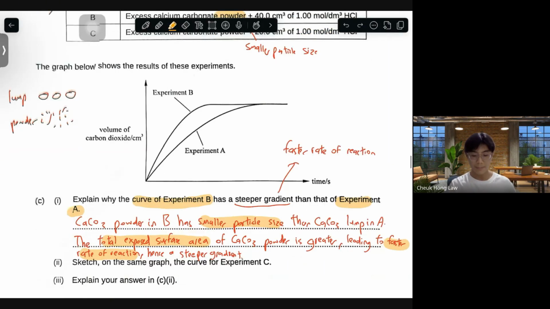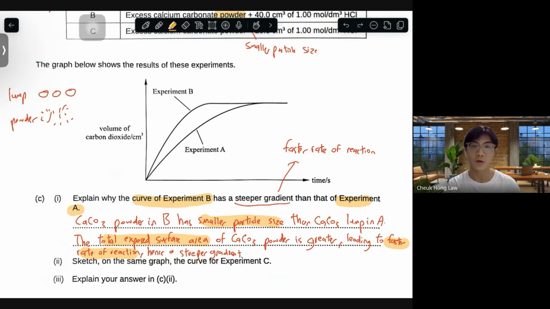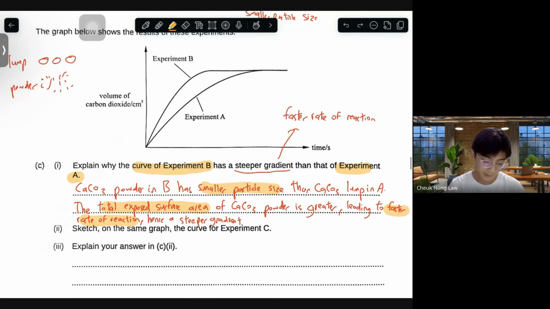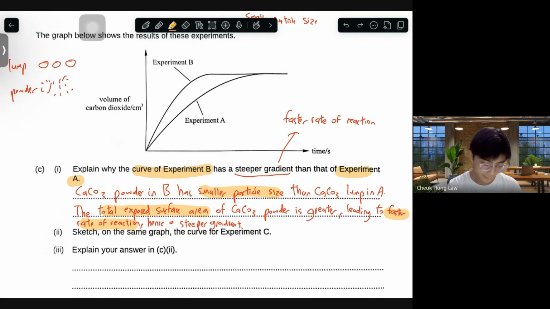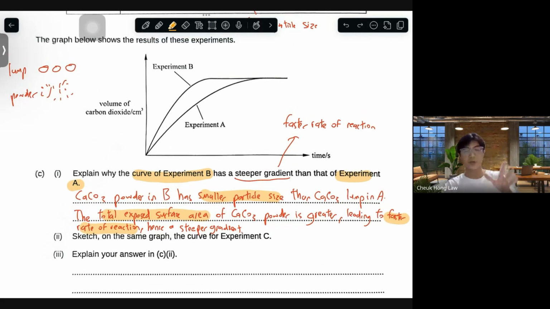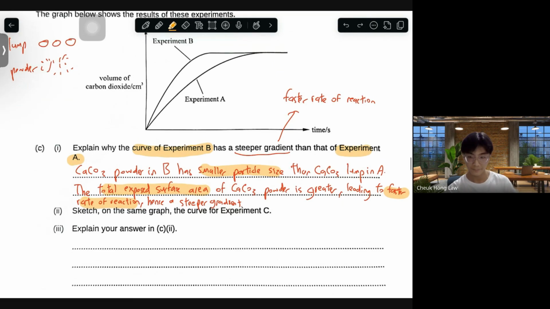And by the way, in this question, we don't talk about the collisions because the question never really asks about using collision theory. Sometimes you can tell whether you need to add it in or not. If the question is a very short question, then you probably don't have to add it in. But if it's a very long question, you probably have to talk about collision theory. Or if you write about collision, they won't deduct marks either.